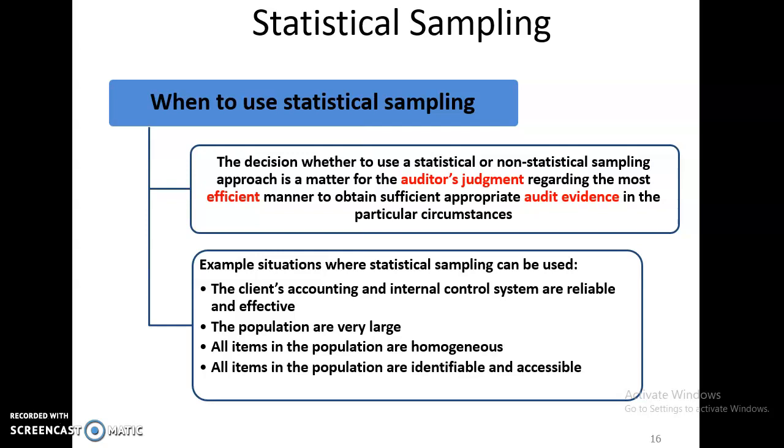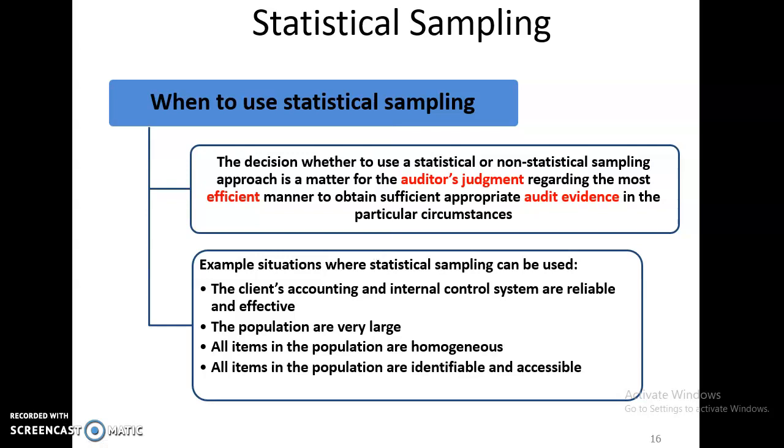Now, when do we use statistical or non-statistical sampling? Basically, the decision very much depends on the auditor's judgment as well as the ability of the audit firm. But at the end of the day, our aim is to get sufficient appropriate audit evidence to be the basis for our audit opinion.